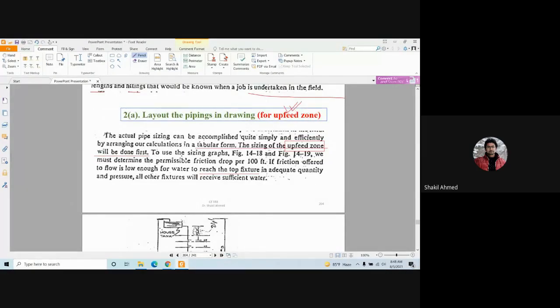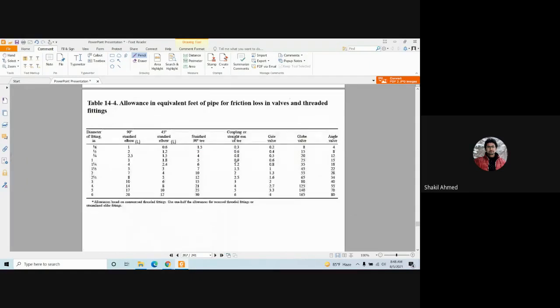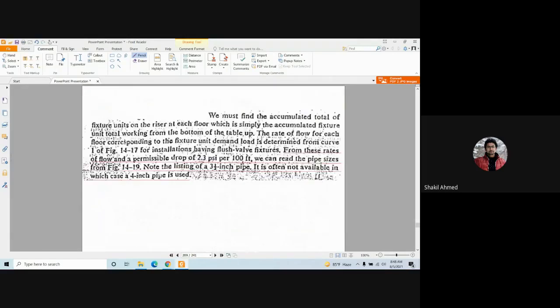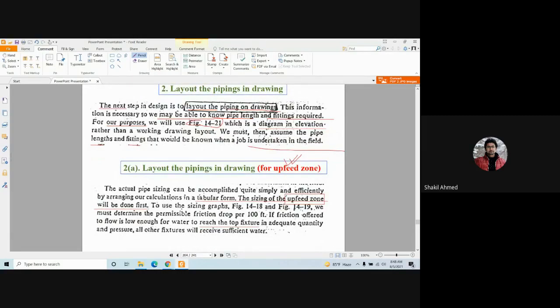The actual pipe sizing can be accomplished quite simply and efficiently by arranging our calculation in a tabular form, like this. The sizing of the upfeed zone will be done first.